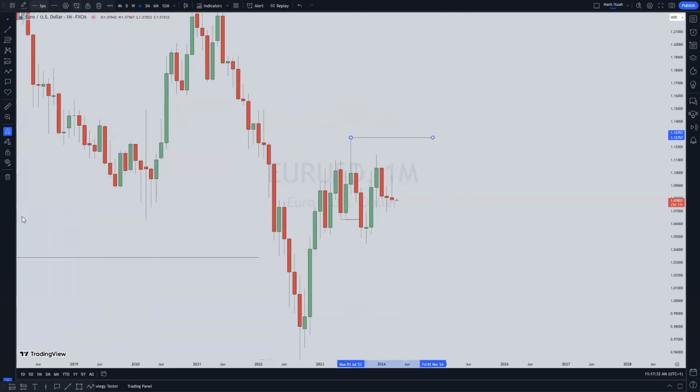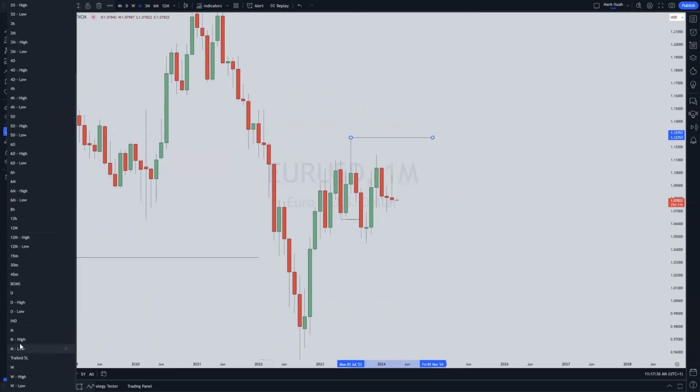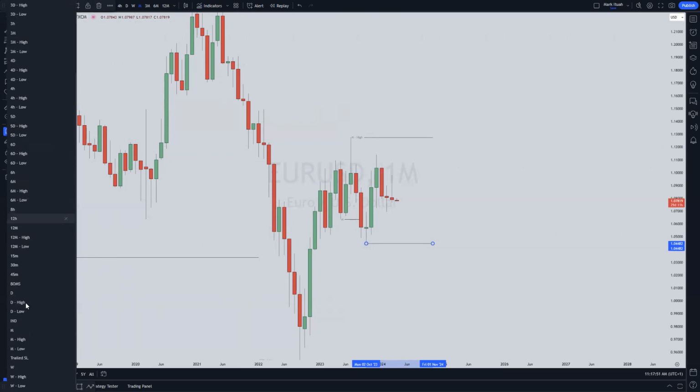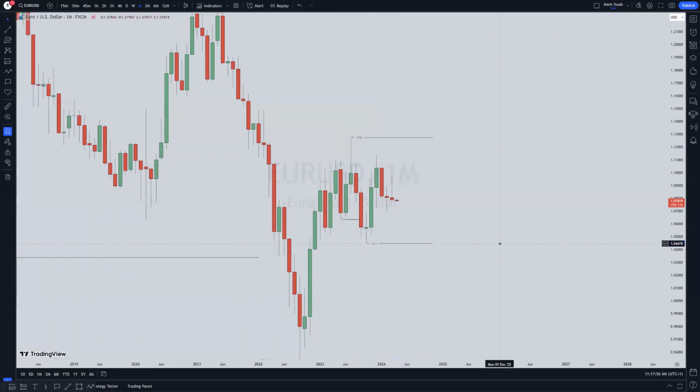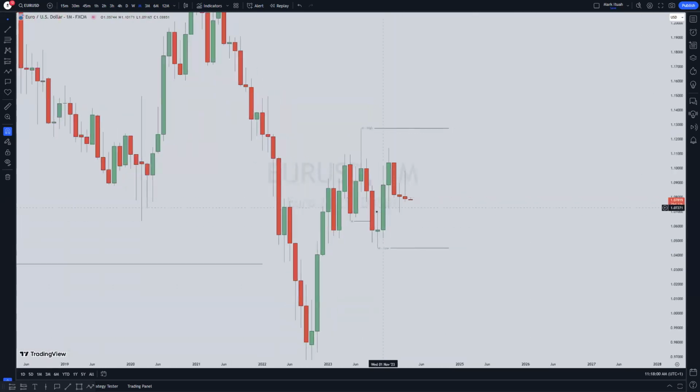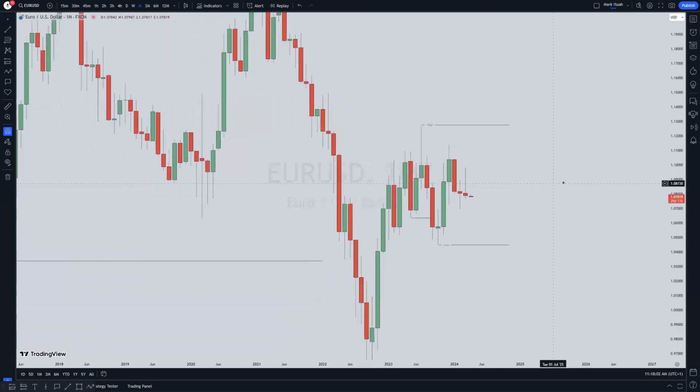If price is going to continue being bearish on the monthly chart, which is the minor structure to the 12-month chart, we expect the high to be protected, while the low, which is this pullback, to be targeted. So this is how easy you can get your bias.